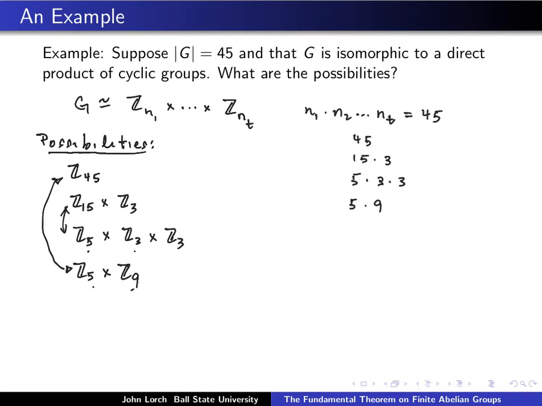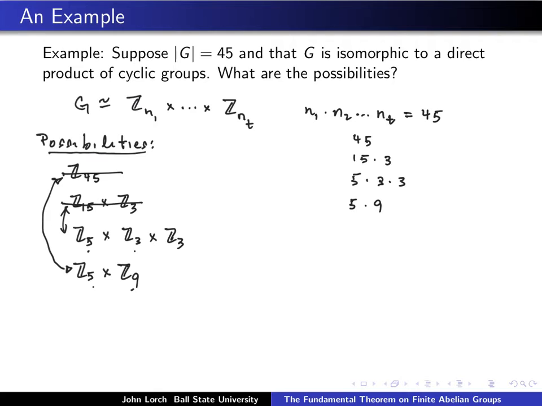That would eliminate this possibility here because 15 is not a prime power, and it would also eliminate Z45 because 45 is not a prime power. So if we just choose to look at cyclic groups whose orders are some prime power, then we're able to avoid duplication.